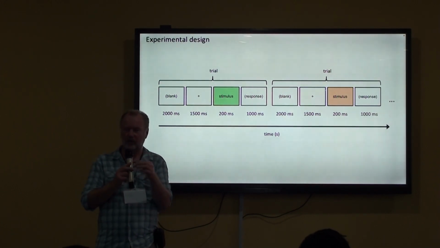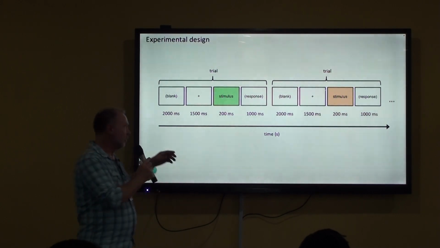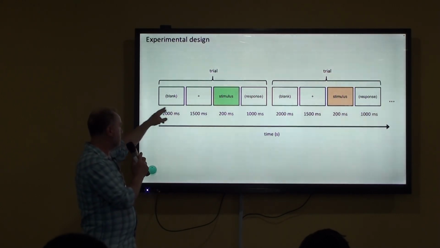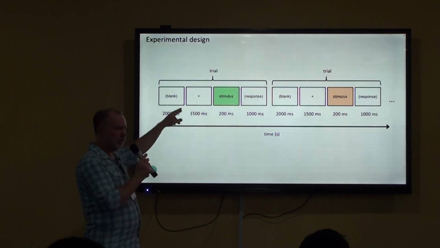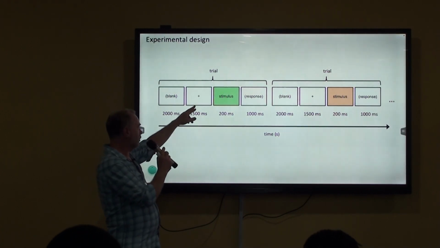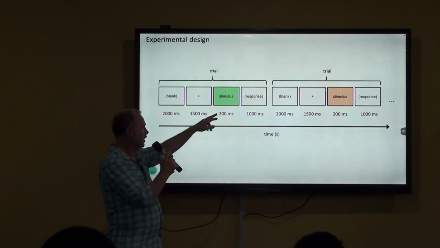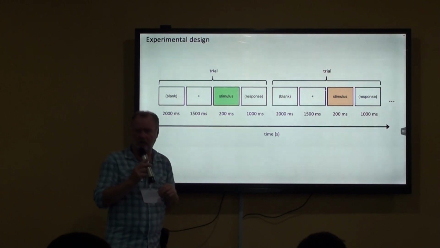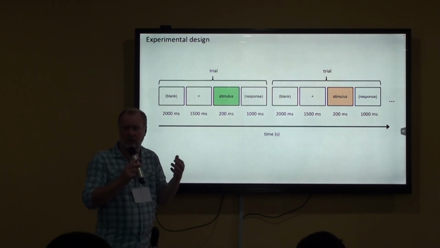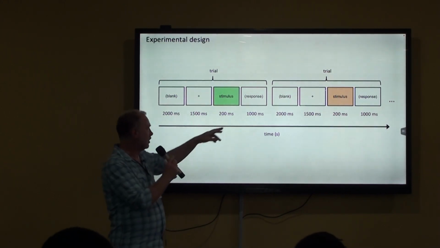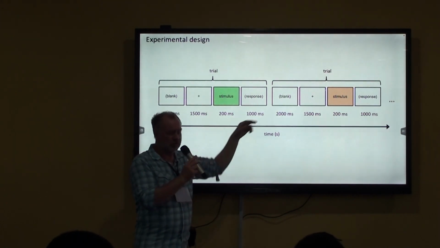So we want to prevent our participants from moving their eyes once the trial is happening. So that means that we first have the participant do nothing, then we present the fixation cross, and then we present the stimulus. And then optionally, depending on whether this fits with the task, you would record a response.